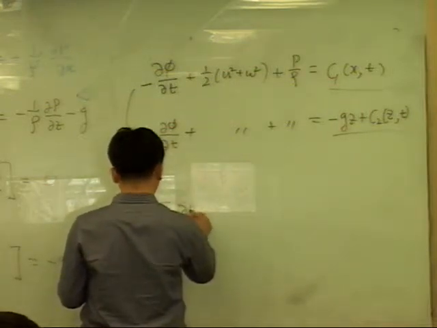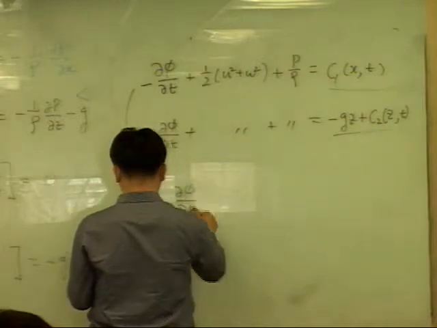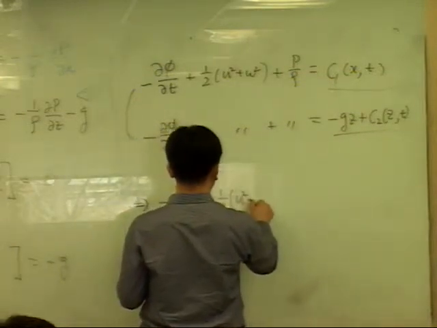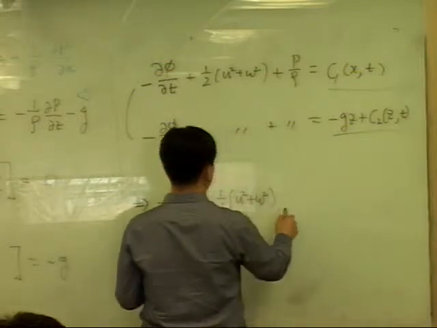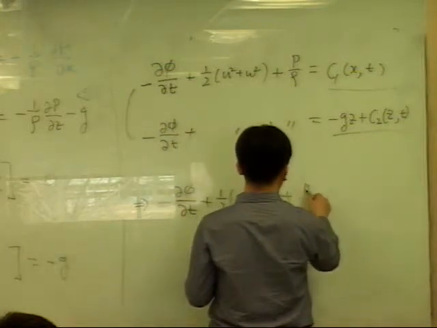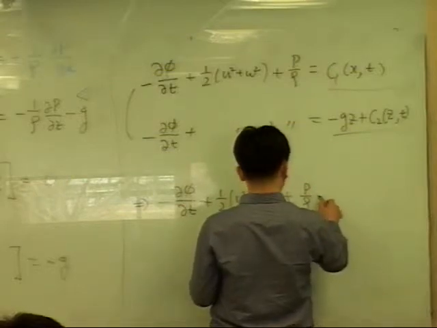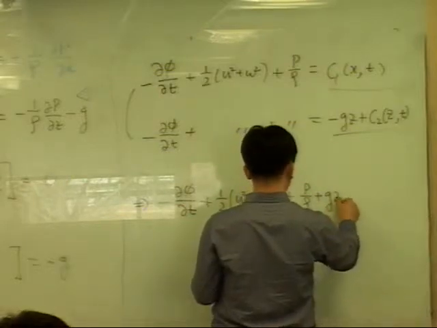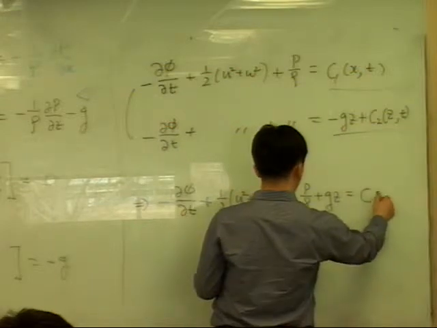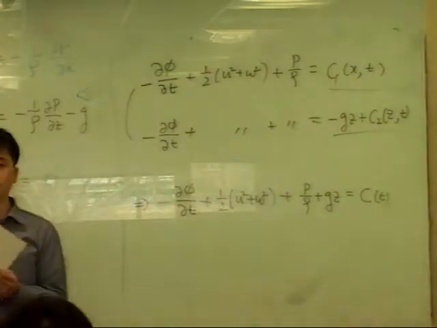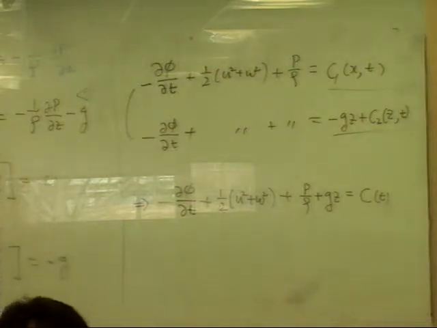Minus phi t plus u square plus w square plus p over rho plus g z equals a constant, which should be only a function of time, not a function of x and z.